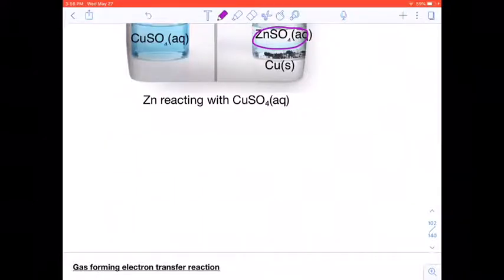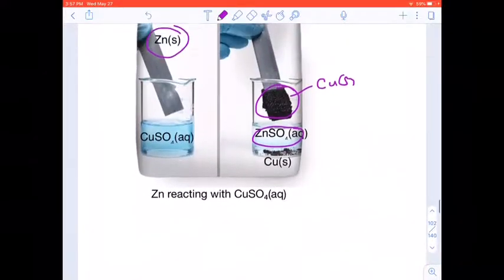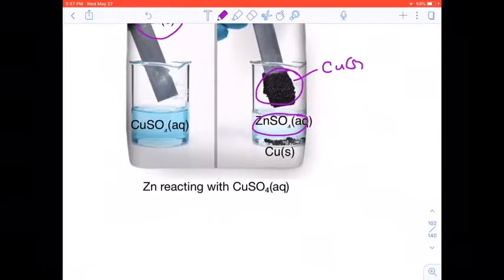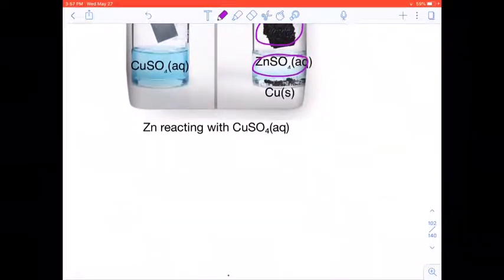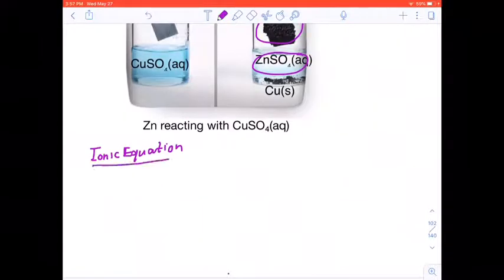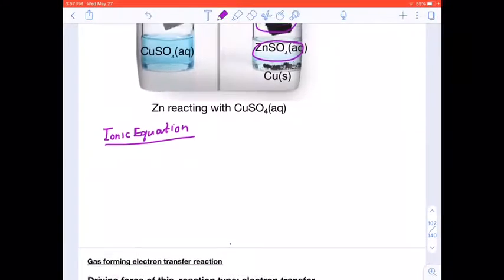Right, so we had zinc, so let's look at that. So we've got our ionic equation. If we look at this, we know we had zinc.